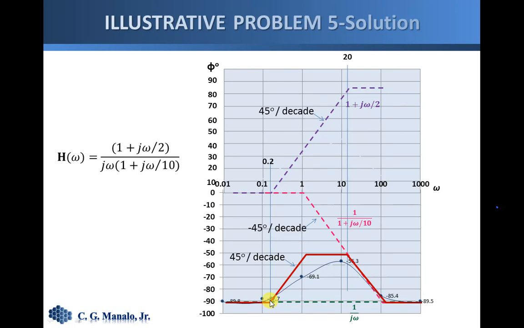After 0.2 radians per second, it should follow the slope of the violet line up to 1 radians per second, after which the pink and the violet line slopes offset each other, so it should be a flat line up to 20 radians per second, after which it should follow the slope of the pink line up to 100 radians per second, after which all lines are again flat, so it should follow the value of the green line.